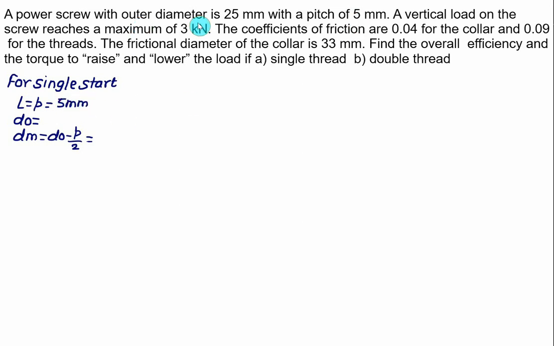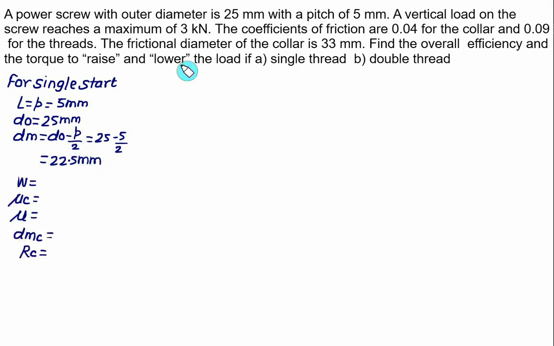We are given the outer diameter equal to 25. From this we can calculate the mean diameter, dm, as DO minus pitch by 2. That will be equal to 25 minus 5 by 2, which is 22.5 mm. The vertical load is given as 3 kilonewton. So we have W equal to 3 kilonewton, that is 3000 Newton.